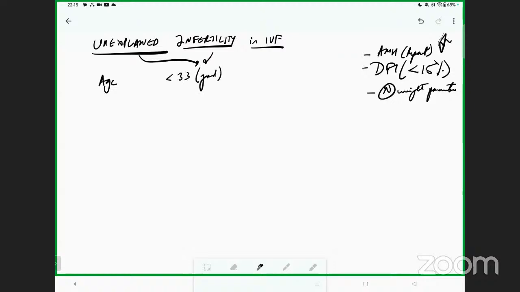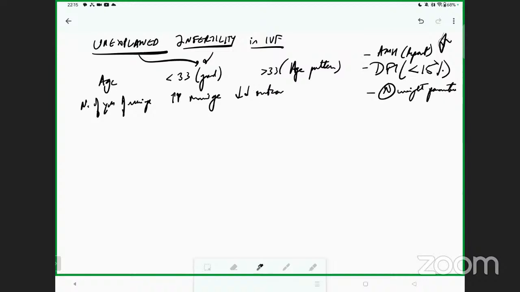If the age is usually more than 33, then the outcomes will follow age patterns irrespective of your protocol. Important for you to understand. Number two: number of years of marriage. The more the number of years of marriage, the lesser is the outcome. Please keep that in mind.